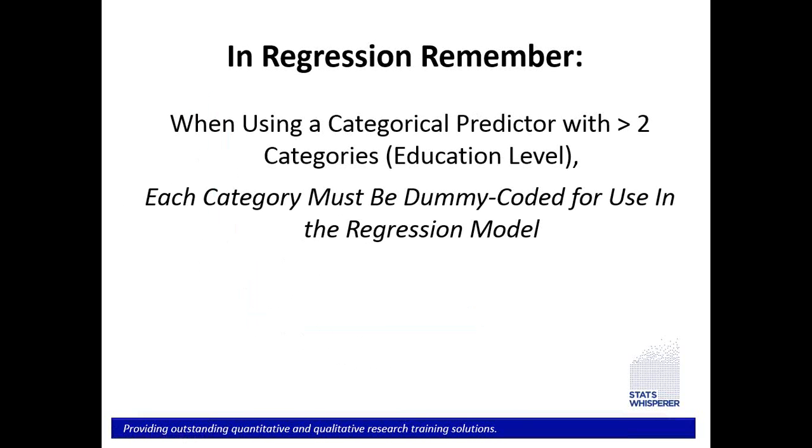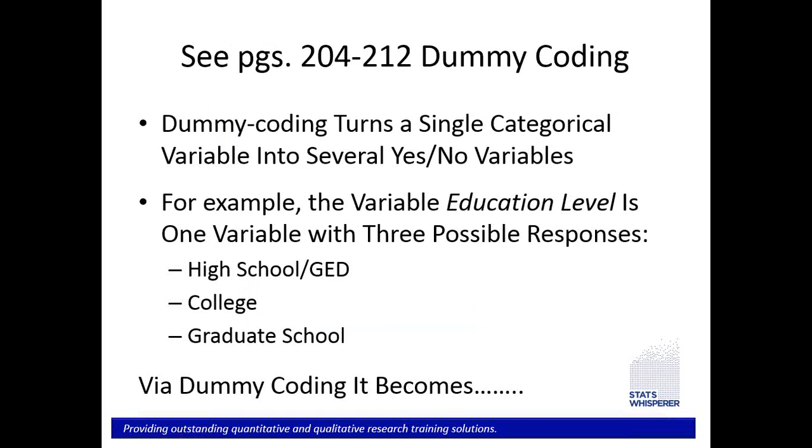So now, in regression, remember, we can't have categorical variables with more than two categories. So when using a categorical predictor with more than two categories, each category must be dummy coded, made into a yes/no variable for use in the regression model. Dummy coding is a form of recoding.